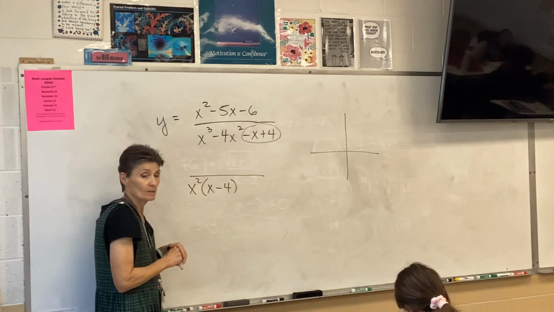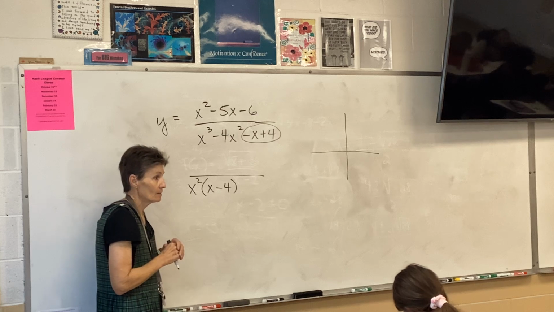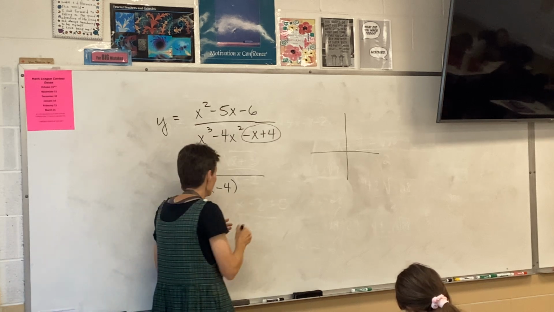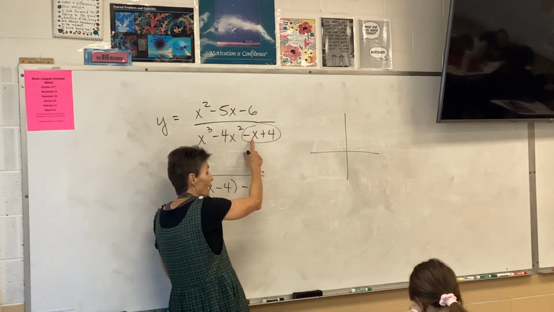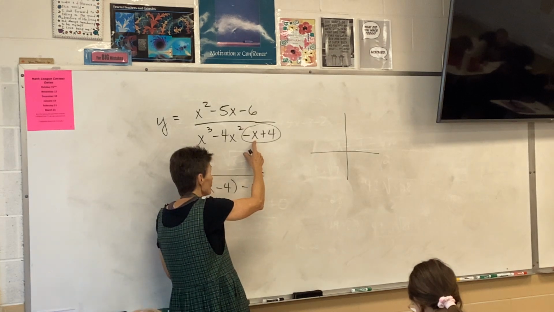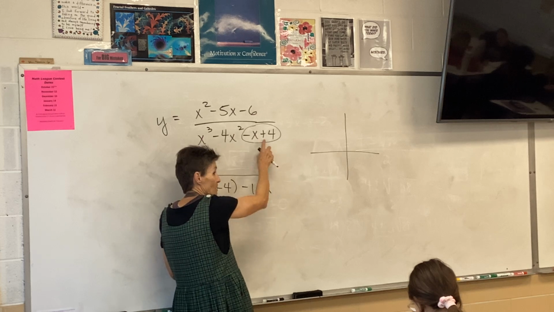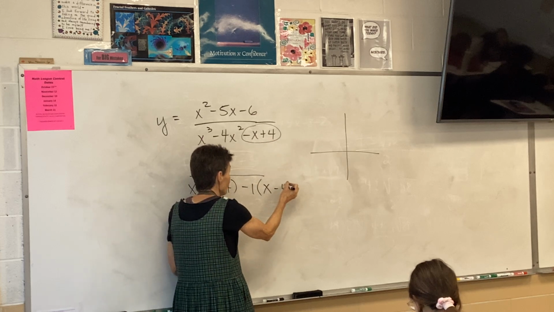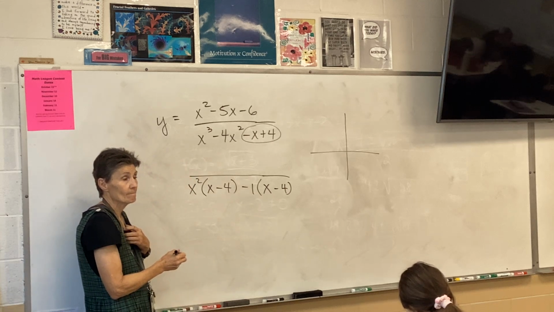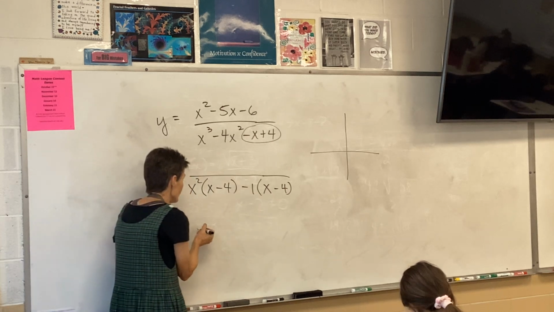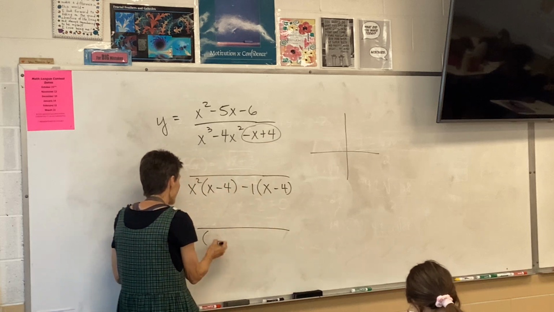Those two, just a negative 1. Nothing but a negative 1. What do I have left if I pull out a negative 1? A positive x, but a negative 4? And that's really good news because there's my match.